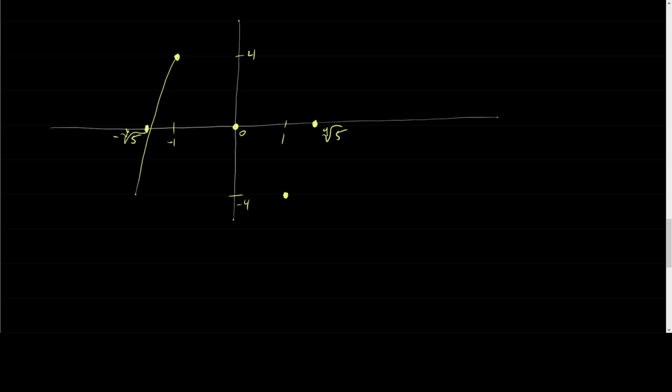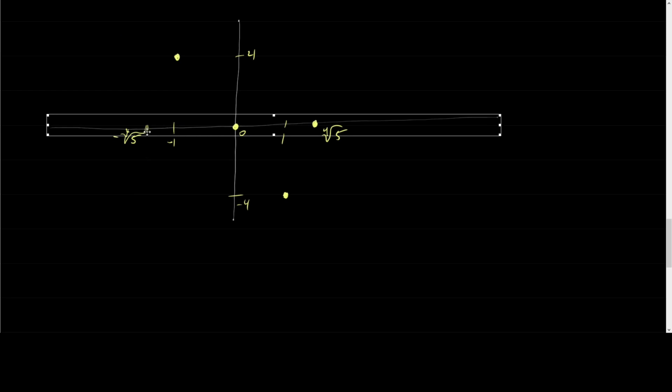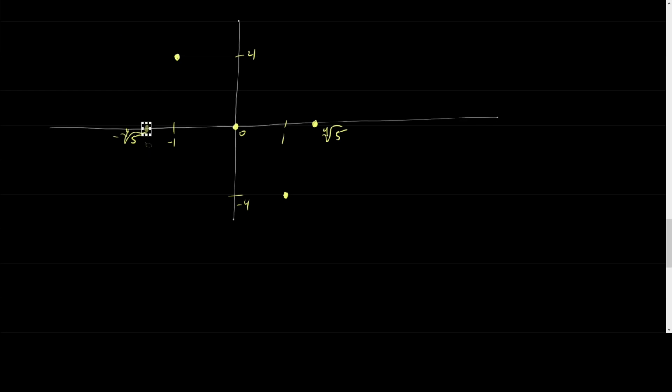So first let me erase this and shift that over, and we'll make it all the way over here. So that's going to be that point. In here, we said increasing with a negative concavity.